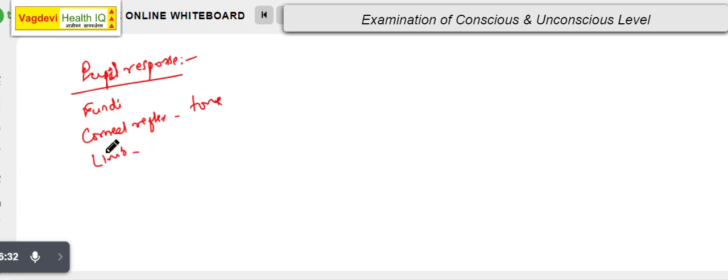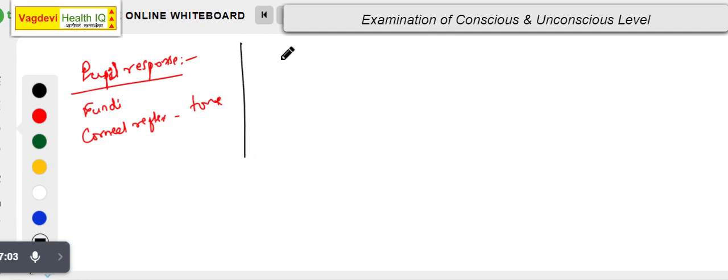Then limb reflexes, we will discuss later. So pupil response, basically fundus and then corneal reflex where we see the tone. Even though the patient is non-cooperative, you'll be able to see the response. Very clear. Come to the other part, called eye movement.